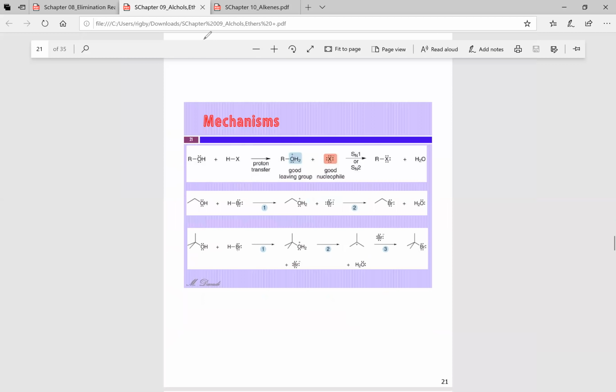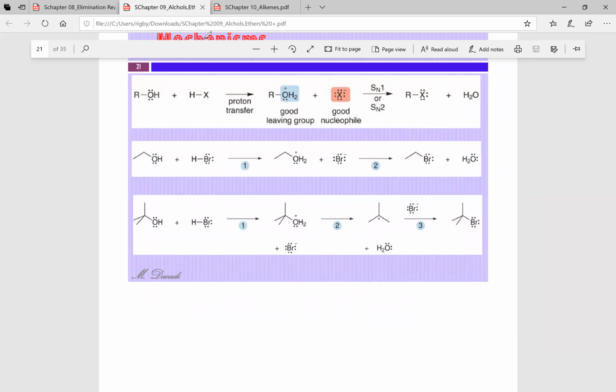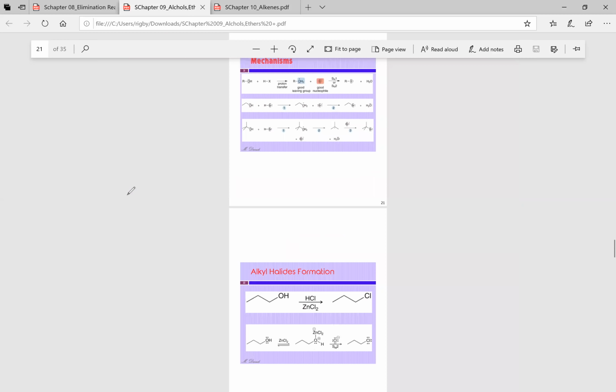Yep, here we go. So what happens here generally follows the same sort of rules that we did before with the dehydration, where if it's primary, then it's going to be SN2. If it's secondary or tertiary, it's going to be SN1. And if it's secondary, we're going to kind of assume that it's going to be SN1. Okay? All right. But it can be SN2 at times.